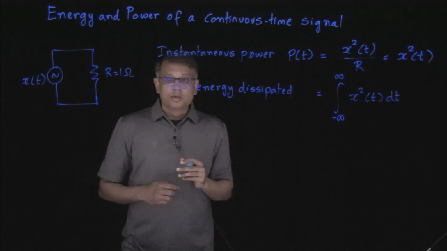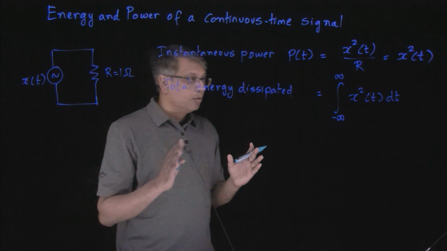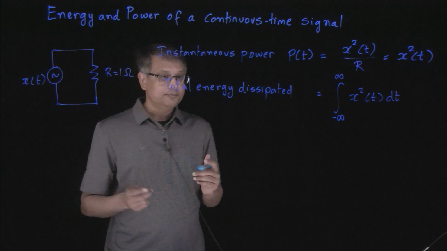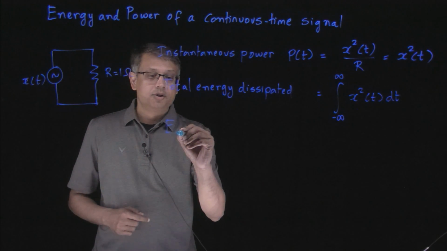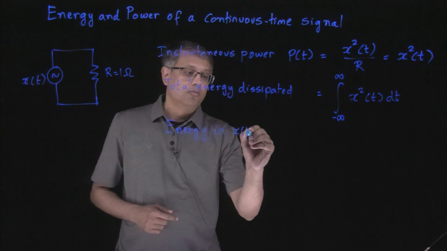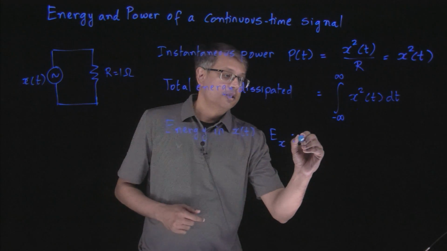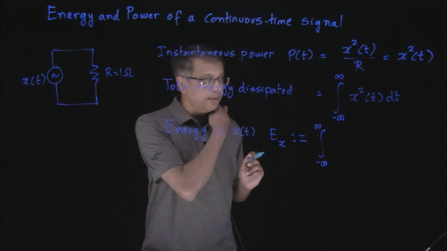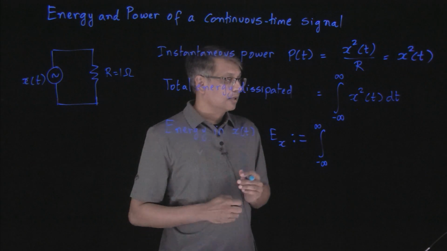So we will define the total energy dissipated in a 1 ohm resistor as the energy of the signal x of t. Using this, we will define the energy in x of t, which I will call E sub x, as the integral from negative infinity to positive infinity of x squared of t dt if x of t is a real signal.